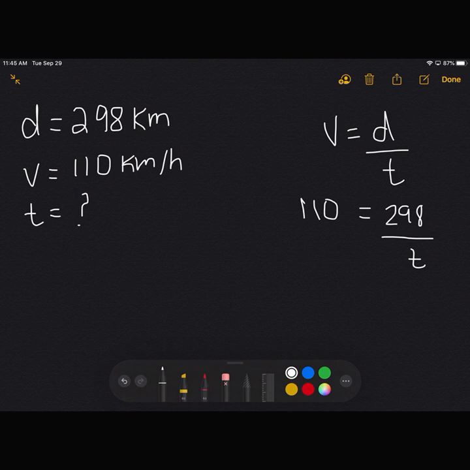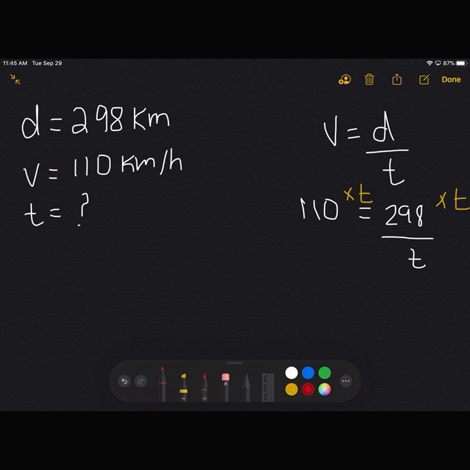We want to get that T off the bottom because T's on the bottom are awful. So what we do to get rid of that bottom thing is times both sides by T. I know it sounds silly, it's not a number, but that's what we're gonna use. So we would multiply both sides by T.